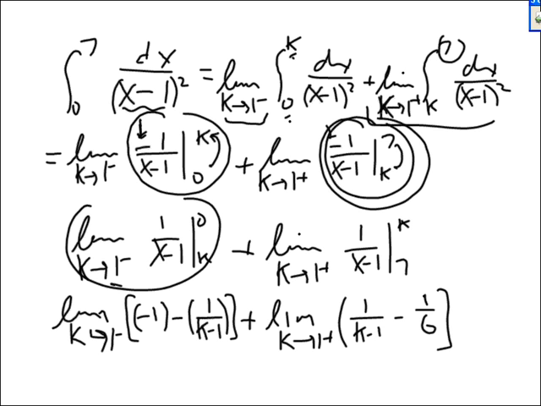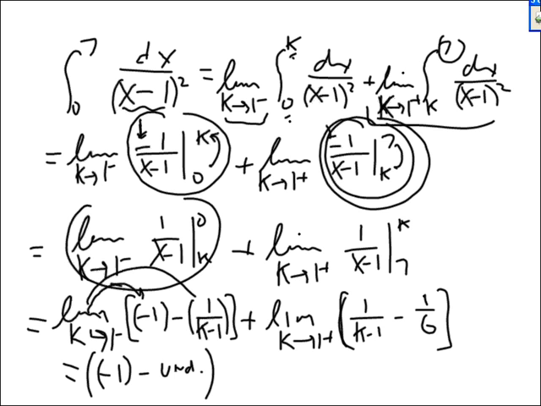Okay. The problem is, in any one of those limits, we have a problem. It's the limit of this, which is negative 1, minus the limit of this. But that's undefined. Because anywhere near 1, even if it's a little bit less than 1, when I take away 1, it's close to 0. 1 over 0 is undefined.